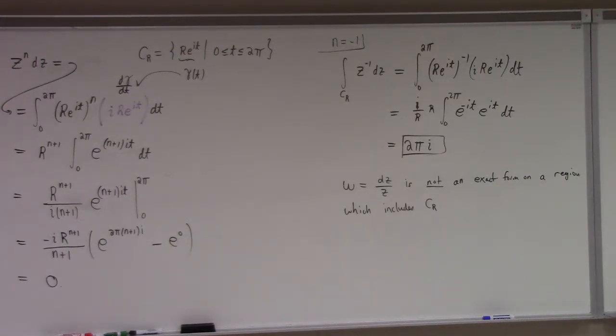On the other hand, z to the n dz might be an exact form. At least the integral around this one loop is 0.